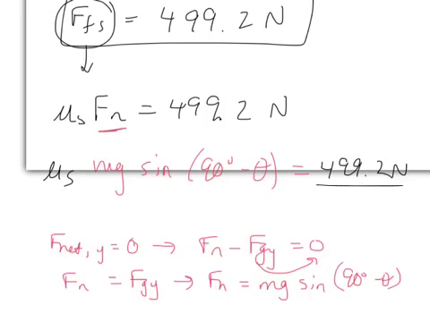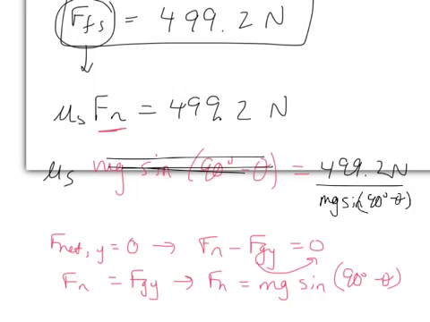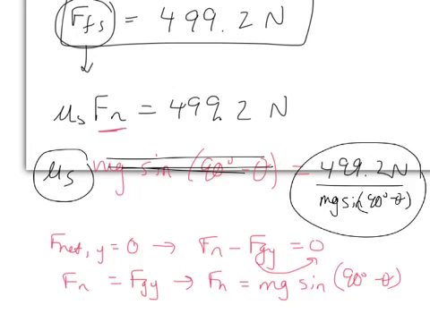So let's just do that. Okay, and let's get rid of this here because we divided by the whole thing. And that's what mu s turns out to be, this expression over here on the right. If we plug in our numbers, we can solve for that expression. We'll end up getting a value of 0.675.